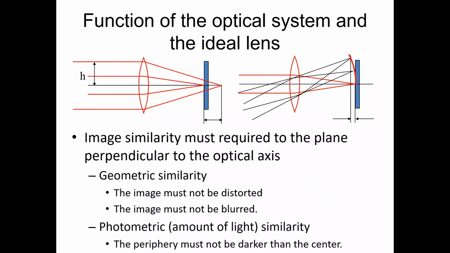So that's the right problem. If you prepare the imager with some curvature, a curved image sensor, then maybe this problem can be solved. But making products with a curved shape is usually very difficult. So the right one is also an unsolved problem.